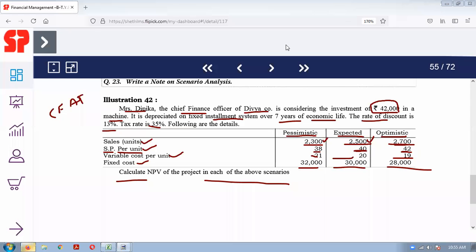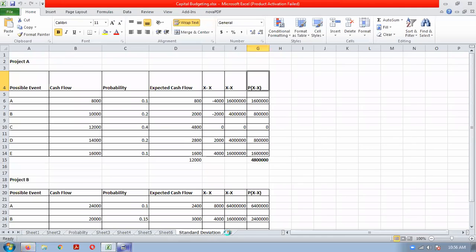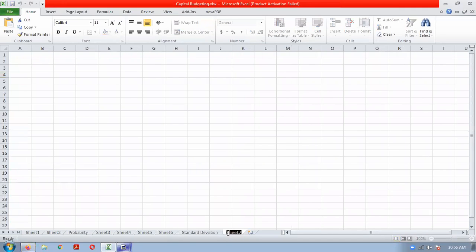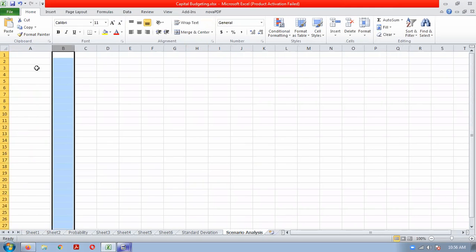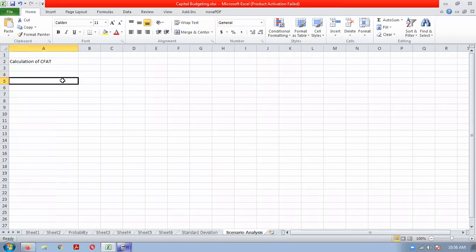Okay. So first what we will do, we will calculate the cash flow after tax. So first we will calculate CFAT, cash flow after tax, under three different situations.